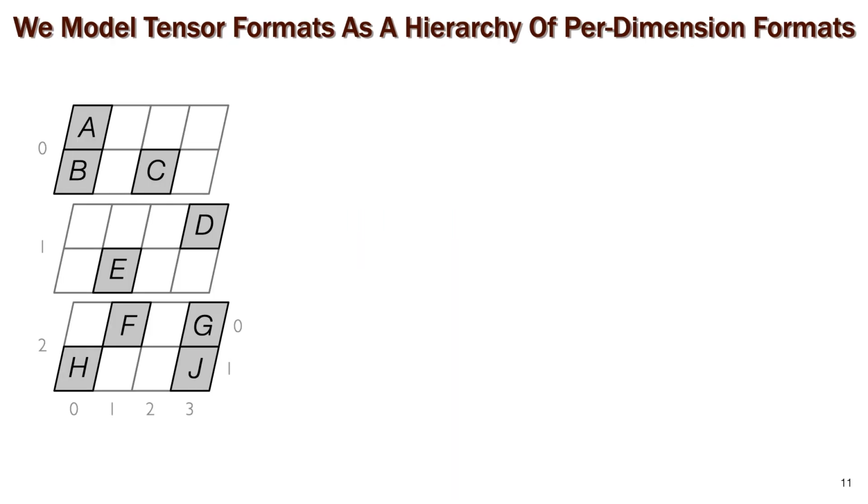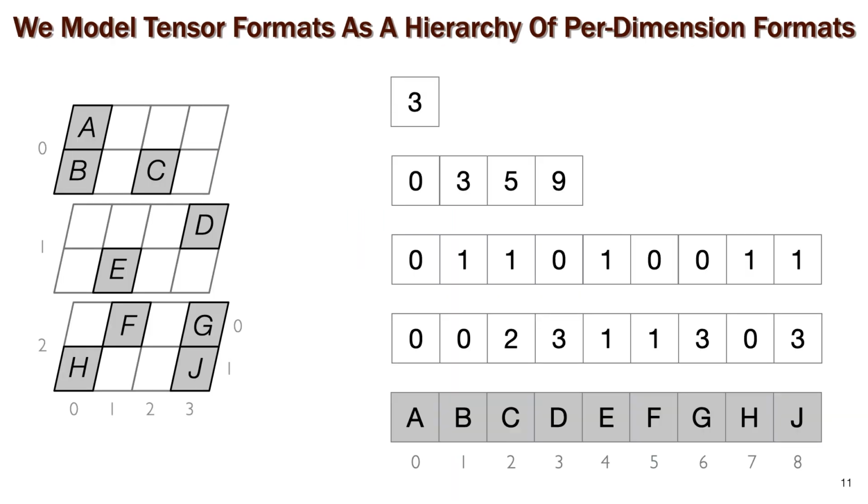Now if you get to a 3-tensor, compressed sparse fiber has all these different data structures representing the indices. Normally all these different formats used to have different data structures. Each seemed to be different. But we made the observation that we can come up with a much simpler way to represent this.